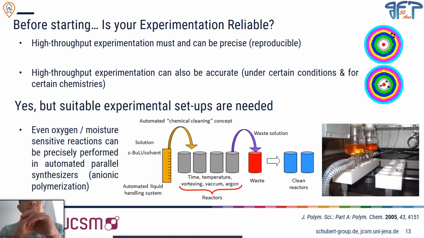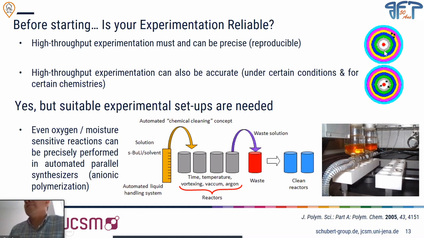So basically, as you can see in the small pictures here, reproducible means that even though maybe it's not accurate, every time you put the same thing in, you get the same thing out. That's something very important.